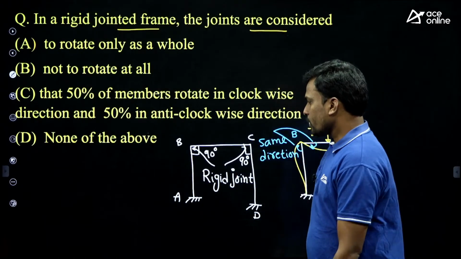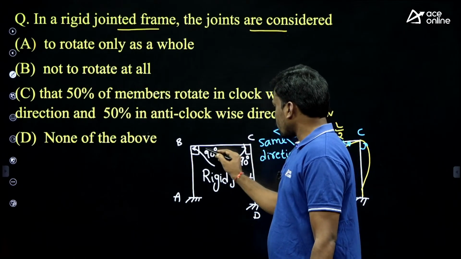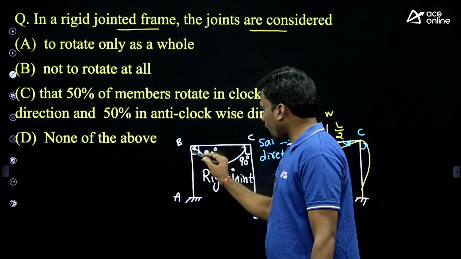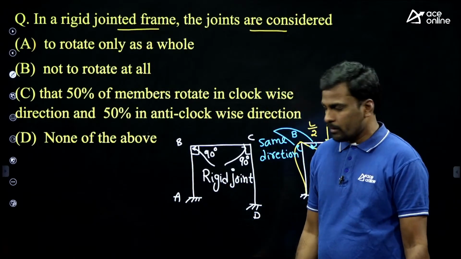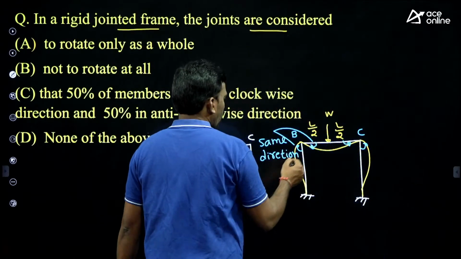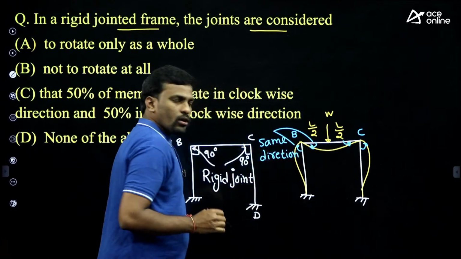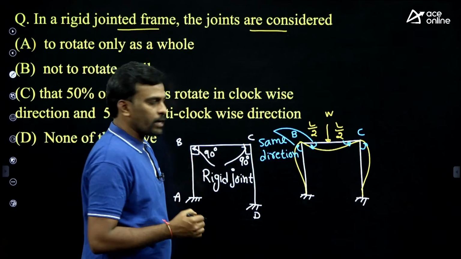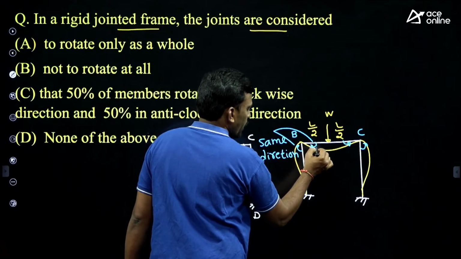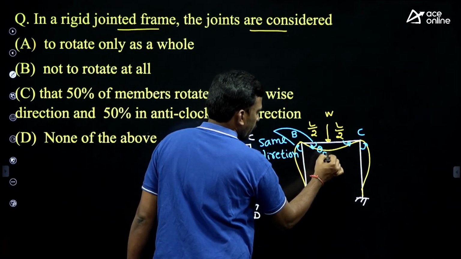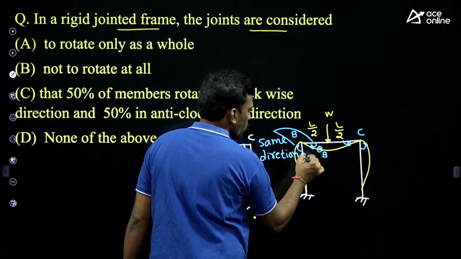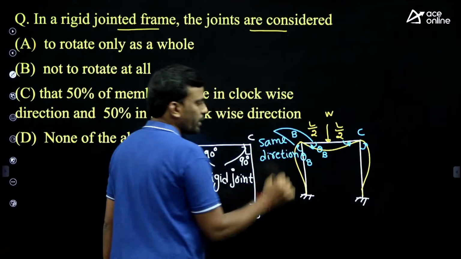Before loading, the included angle between the members at the rigid joint is 90 degrees. I told you, at the rigid joint, rotation in all the members is the same. It means if the beam rotates by an angle theta b, the column also rotates by theta b only.